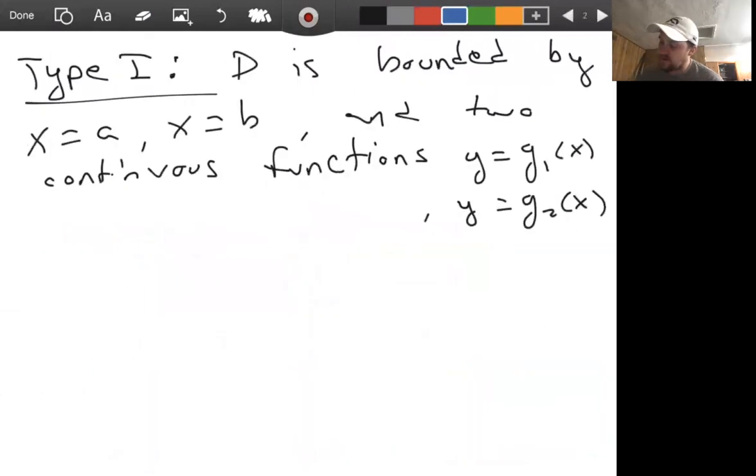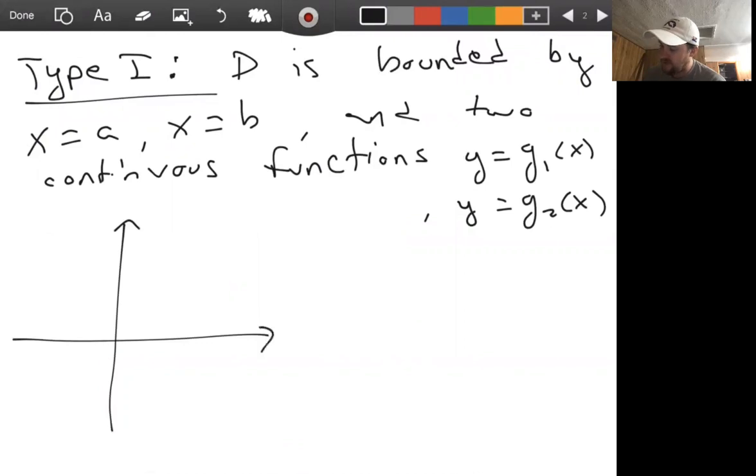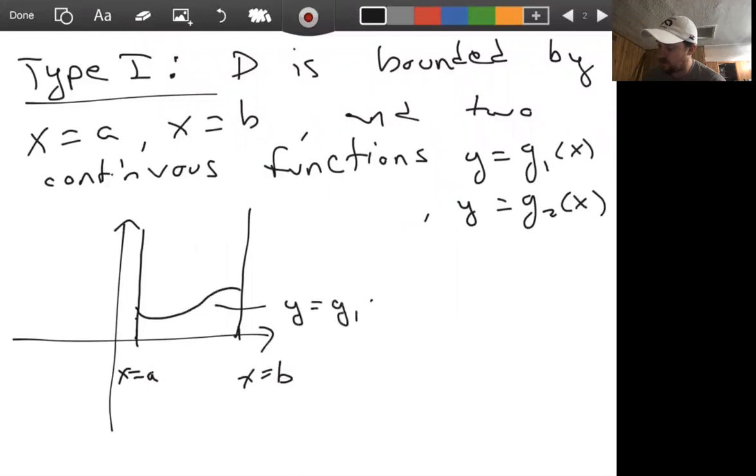And so the first type is to think of this type of region where you have, like, say, x equals a and x equals b. We have vertical lines here, and then we're also bounded between two smooth functions, like y equals g1 of x, and then maybe some other smooth function, y equals g2 of x.